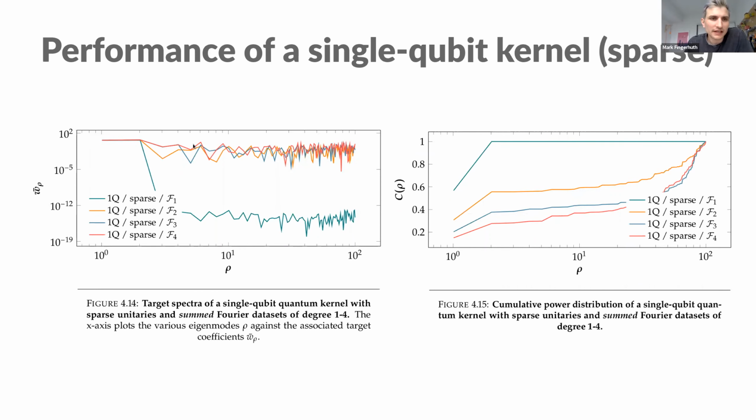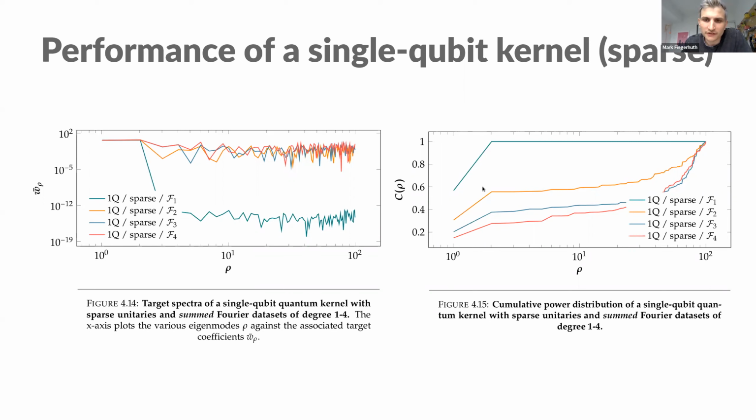This is also shown if we look at the target spectrum, which we discussed earlier, and which, to remind you, expresses the target function in terms of the kernel eigenbasis. We can see exactly what I mentioned earlier: for most of the data sets, summing over all the eigenfunctions still isn't sufficient to approximate them. In the case of the degree 1 data set, we have a high concentration in the target coefficients for the low eigenfunctions, and very low target function weights for the higher eigenfunctions.